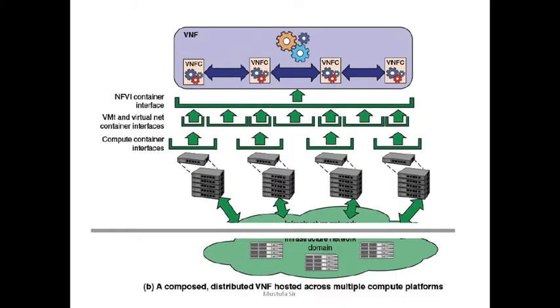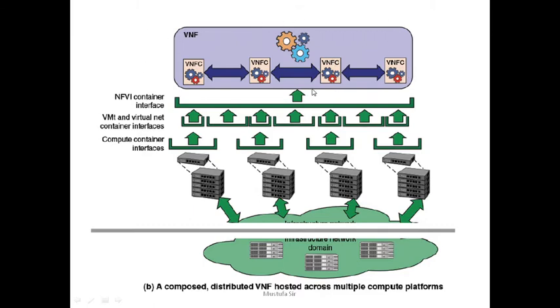Fine. One more way we can achieve the deployment on an NFVI is the second one. You can easily relate: here we have got multiple compute platforms, and on them you can have multiple virtual network container interfaces, and accordingly you are building a single NFVI container interface where the multiple virtual network function components interact with each other, forming a single VNF.